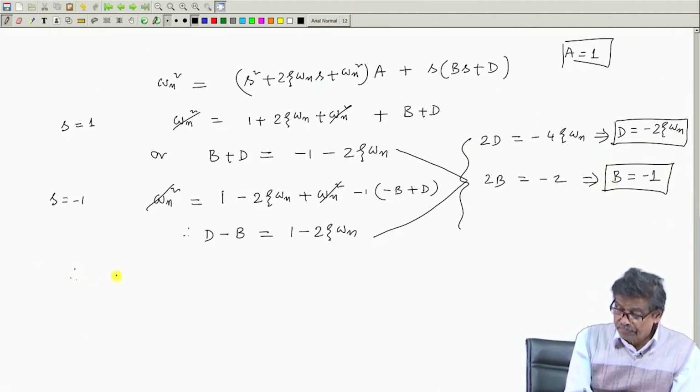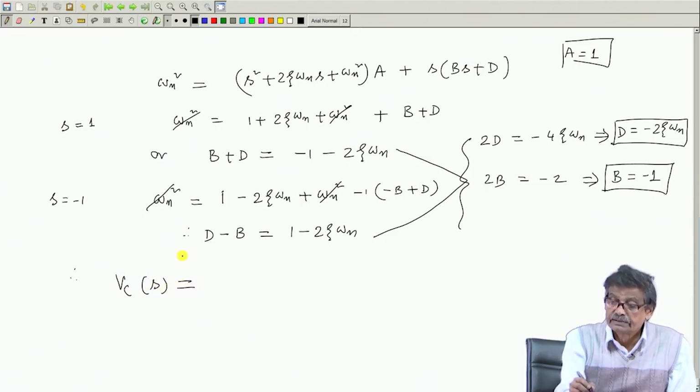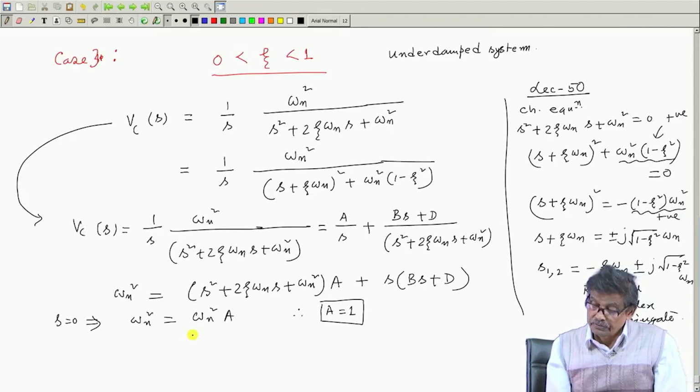Therefore, voltage across the plate of the capacitor VCS, which was equal to what?